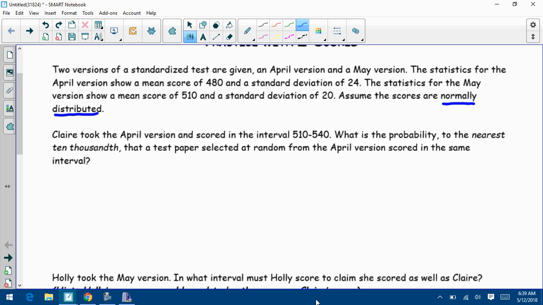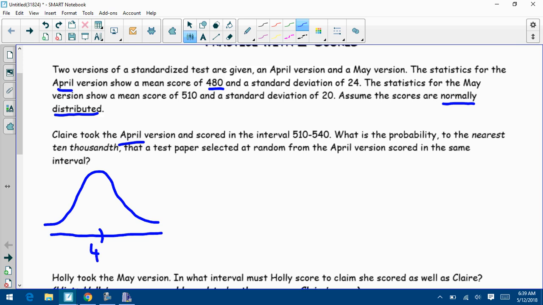What is the probability to the nearest 10,000th that a test paper selected at random from the April version scored in the same interval? Okay, so here's what I'm looking for. We know it's normally distributed, so that's how I know it's not an old probability question. It's using the normal curve. What always goes in the center of the normal curve? The mean. And make sure we're doing the April version. So the April mean is 480.